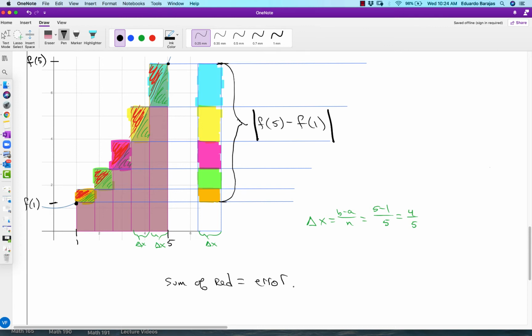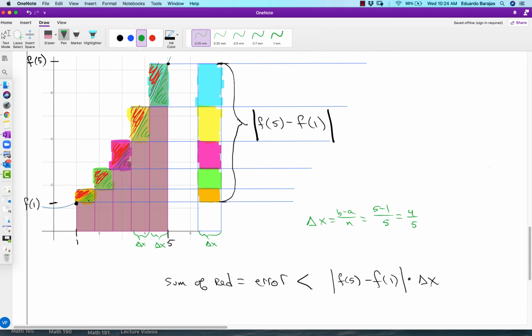And that is definitely less than the sum of these highlighted areas, which is going to be equal to |f(5) - f(1)| times delta x. Right, we can actually calculate it all. We know what delta x is. We know how to evaluate f(5) and f(1), so that's fine.